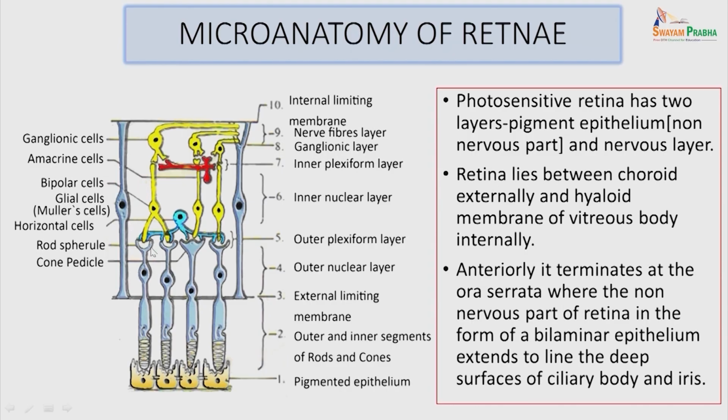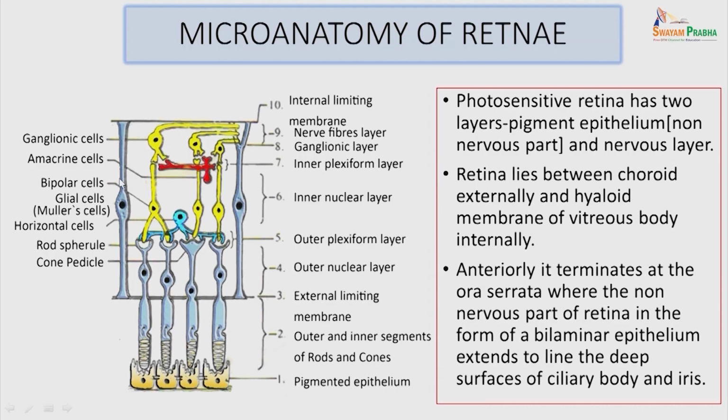You can see the important neuronal cells of the retina also in this diagrammatic representation. The ganglionic cells, amacrine cells, bipolar cells, rods and cones, all these are the neuronal cells in the retina. Along with that, we are seeing one another cell here, that is the Muller's cell.